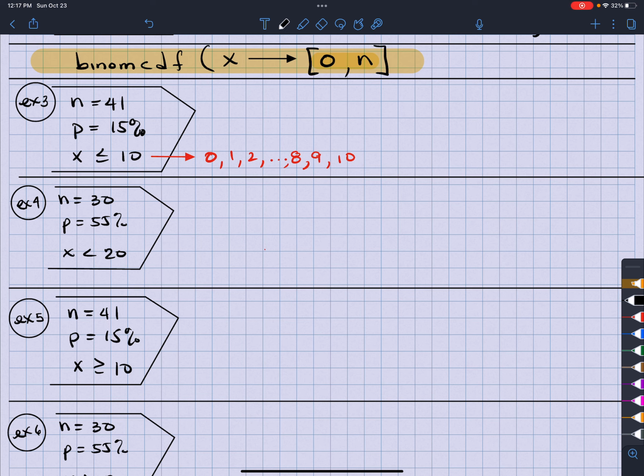So I would do a binomial CDF of 41, comma, 0.15, comma, just 10. Because I know I want to go from 10 all the way to 0. Okay? So again, CDF is always going from 0 to the number of successes that you want. So that's why I just put down 10, and it's assuming that I want from 0 all the way to 10. And that is going to come out to be 0.9645.